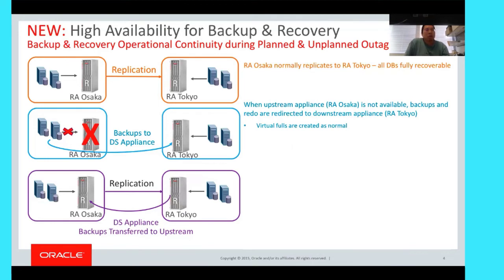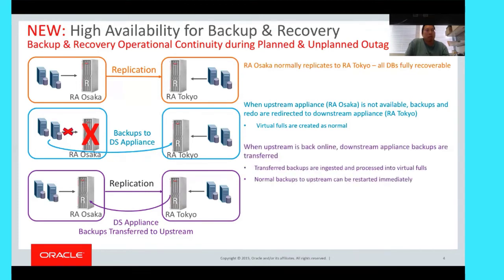And so it will ping Tokyo and it will transfer those level 1 backups to Osaka, and the virtual full backups will be created to catch up the virtual backup strategies so that both are in sync. Now, the replication process will be enabled because the upstream is back online, and so the backups will still be replicated to the downstream. And Tokyo will actually deduplicate these backups, so we won't have duplicate or redundant backups during this process. Okay.